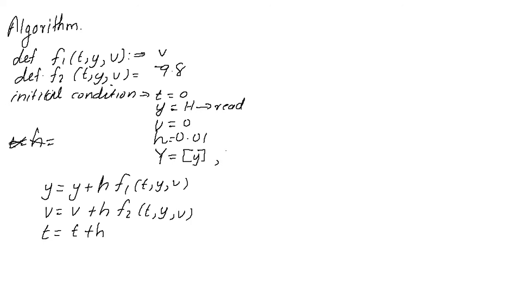To store the velocity you may have a similar list, and to store the time you may have a list called time, initialized with t. This is to plot the things.